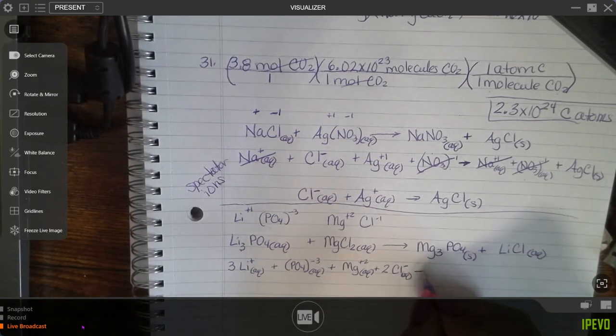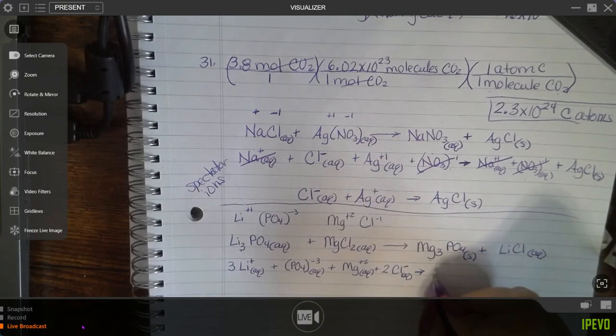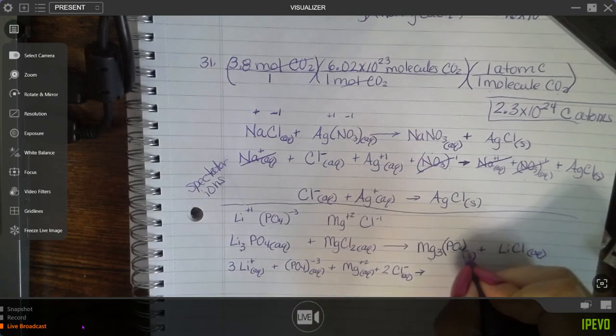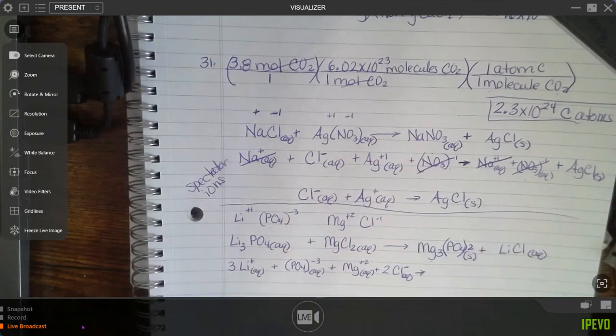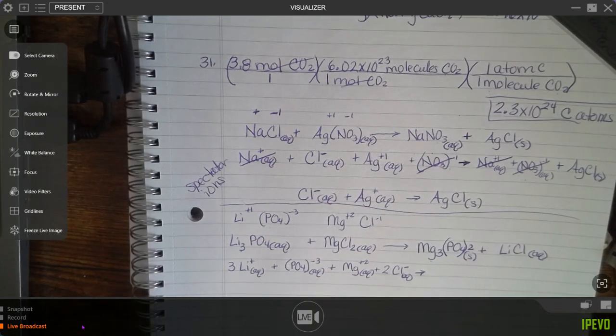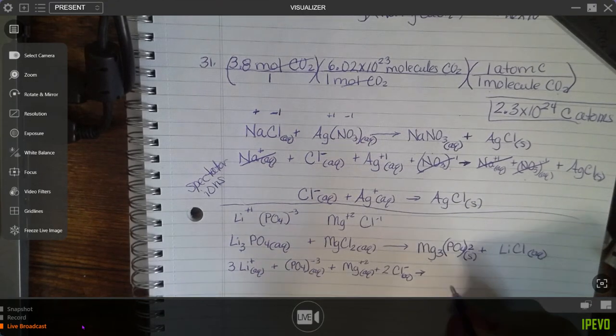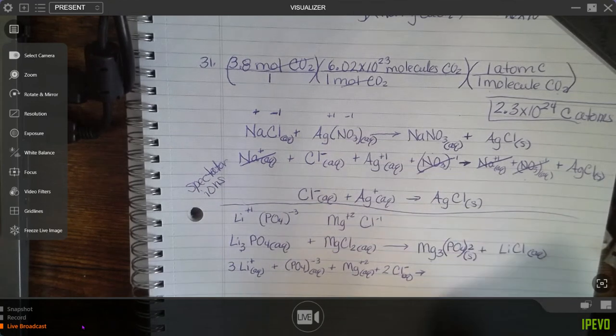All right, and then we're going to write magnesium phosphate as a solid. Oh, I screwed up almost. Yeah, that should be Mg3PO4 twice. I hope you were screaming at your computer saying, Mrs. Lyons, you made a mistake. All right, but I caught it, thank goodness. So this is our solid.